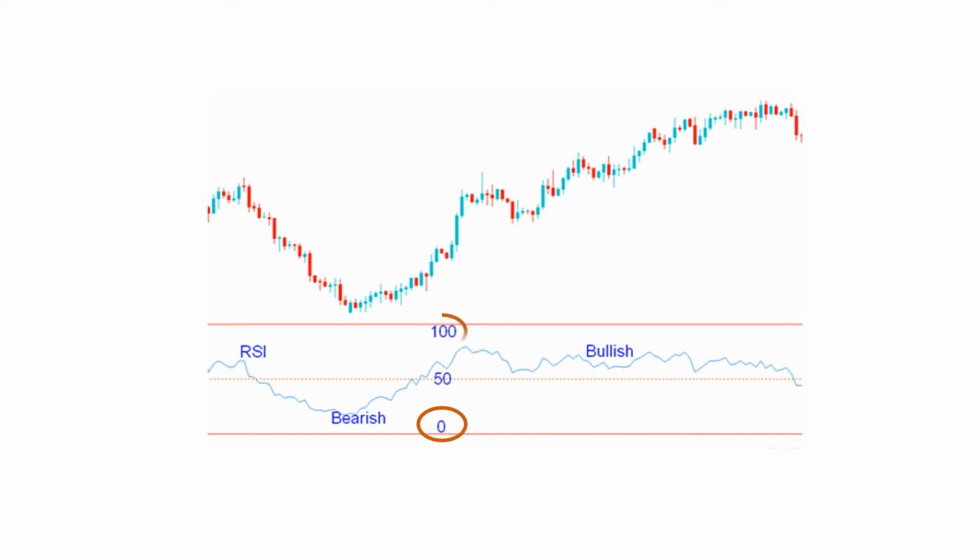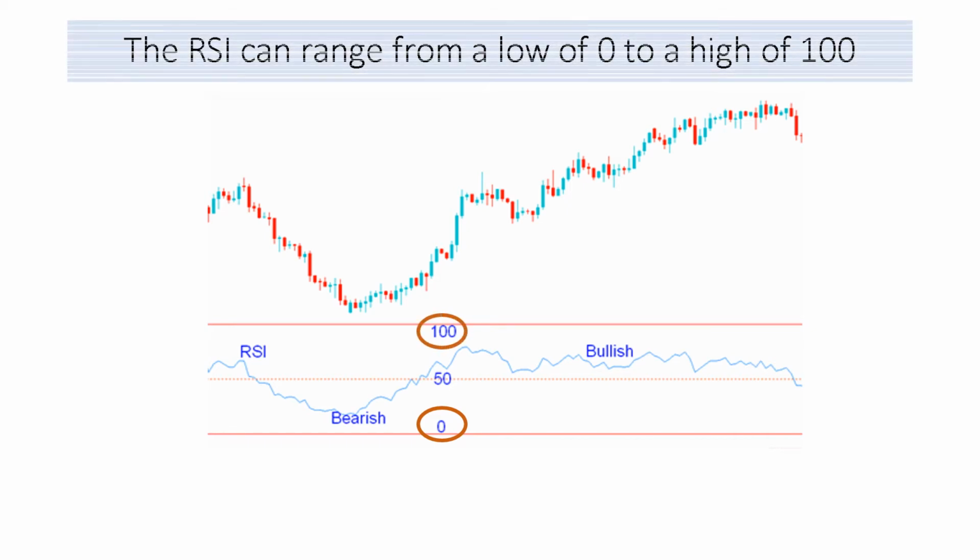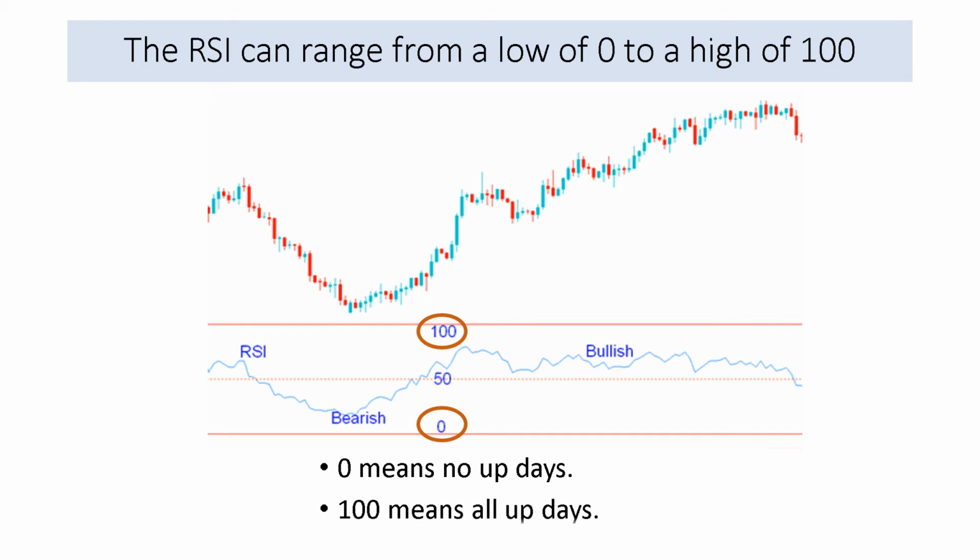The values from 0 to 100 in the RSI scale are highly useful to compare different situations, and it provides the possibility of identifying danger zones corresponding to overbought and oversold situations. 0 means no up days, and 100 means all up days.